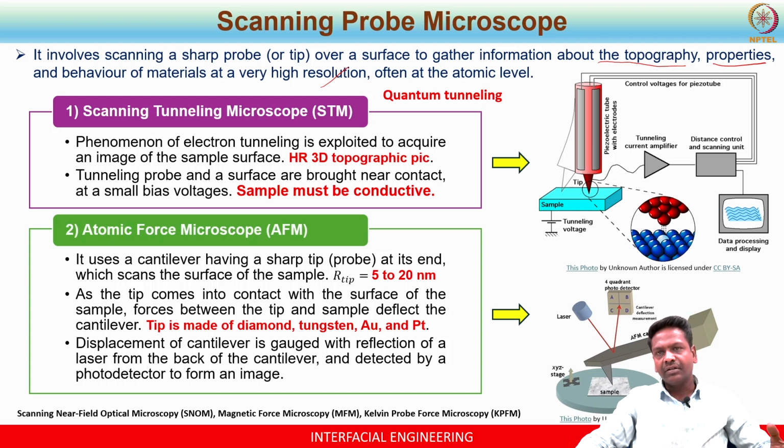This deflection information is collected by the photodetector and processed to form an image. Here the radius of the tip usually employed is between 5 to 20 nanometers, and the material of construction of the tip is usually diamond, tungsten, gold or platinum.